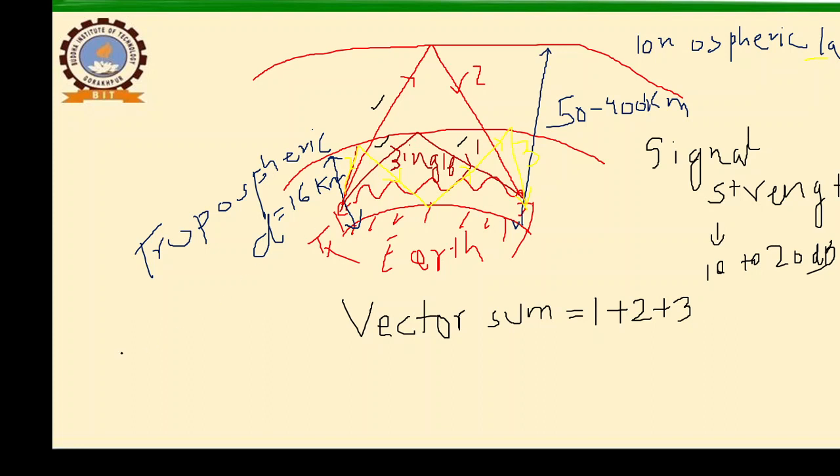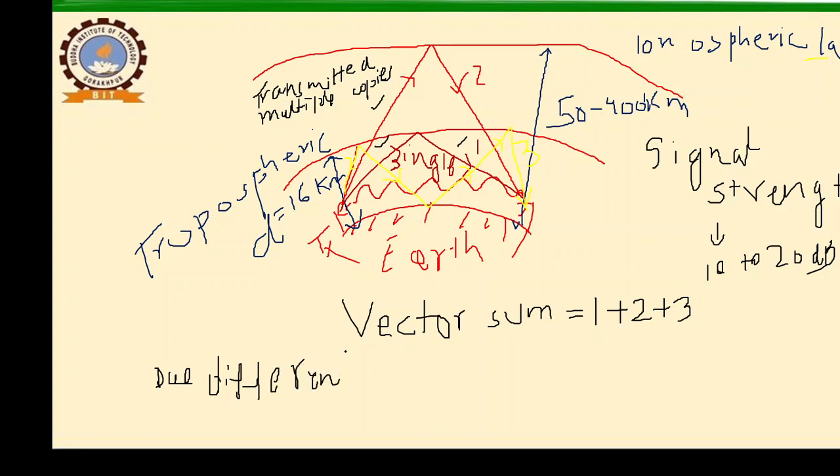So these are the transmitted multiple copies, and they have a different phase and time of arrival.